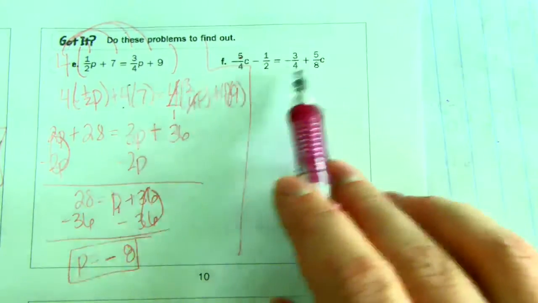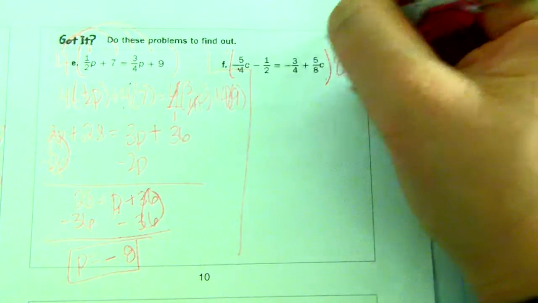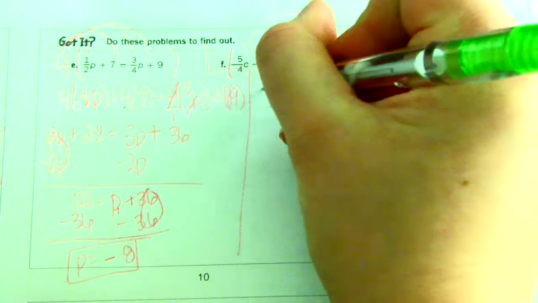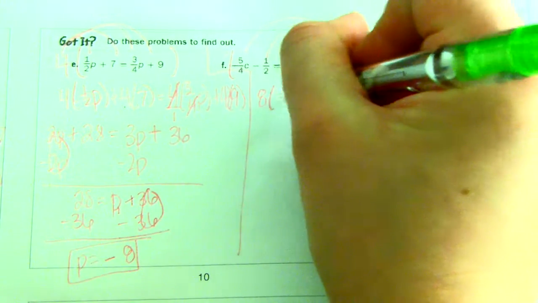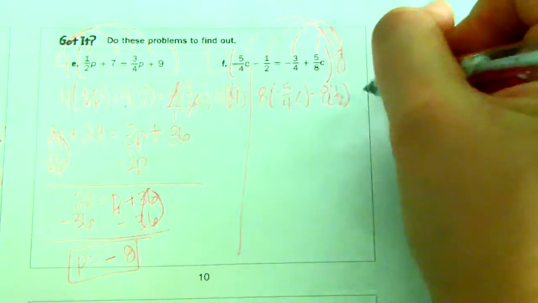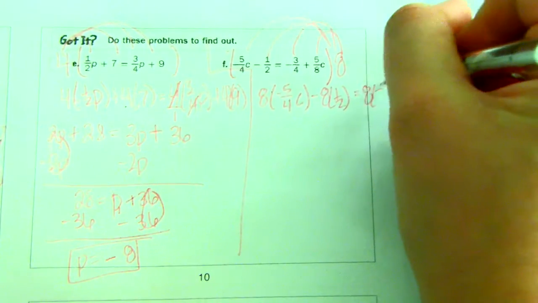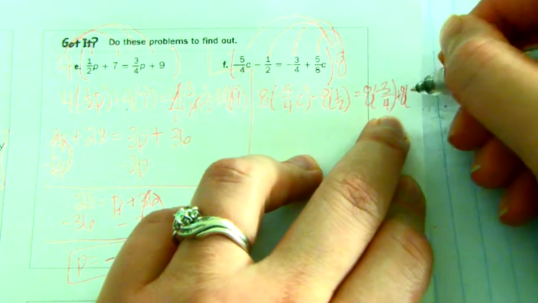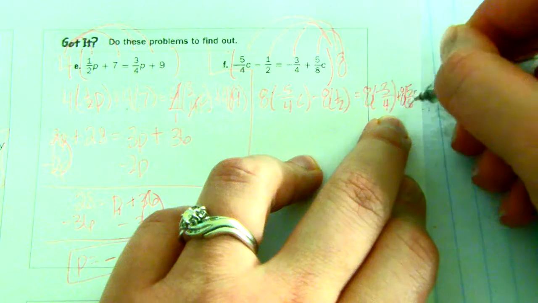On letter F, looking at all those denominators, the common denominator is 8. So I'm going to multiply everything by 8, each term. So 8 times negative 5/4 c plus 8 times 1/2, equal sign, 8 times negative 3/4 plus 8 times 5/8 c.